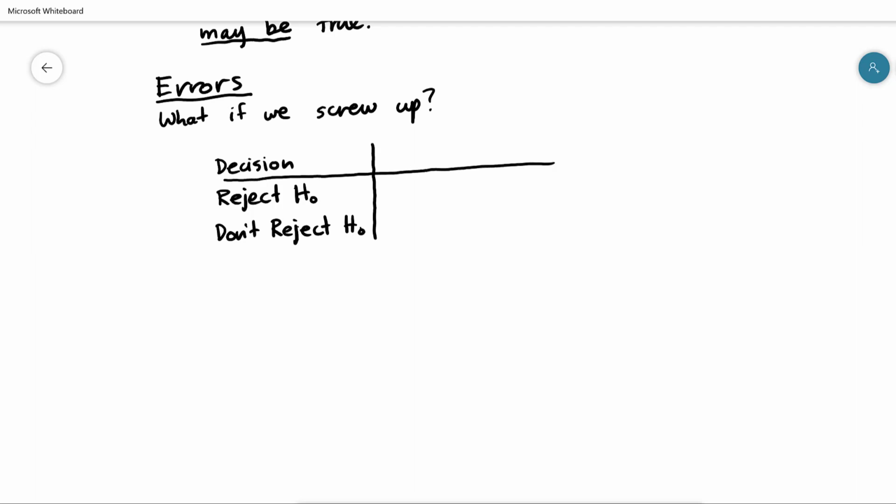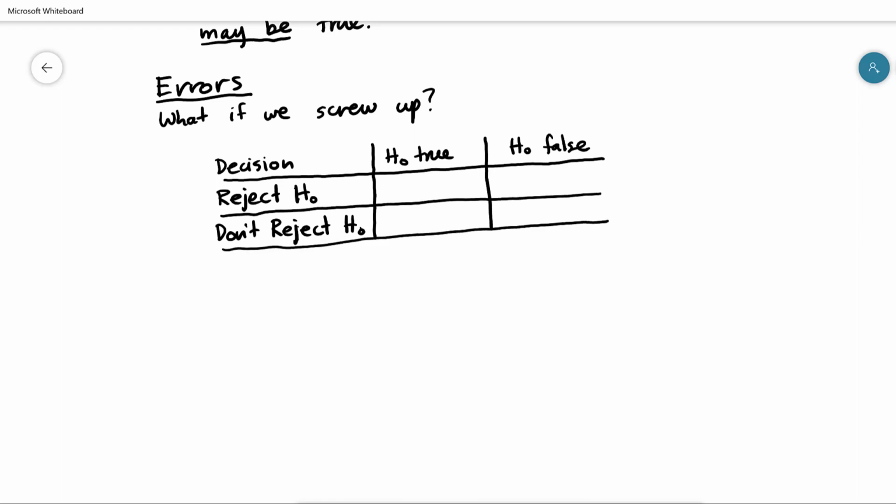And over here I'm going to put the actual reality of the situation. There's two things that are possible. We don't actually know which is true, but H naught could either be true or H naught could be false. Either the reality is they did it or they didn't do it. We don't know, but it's our goal to try to, based on the evidence, guess.